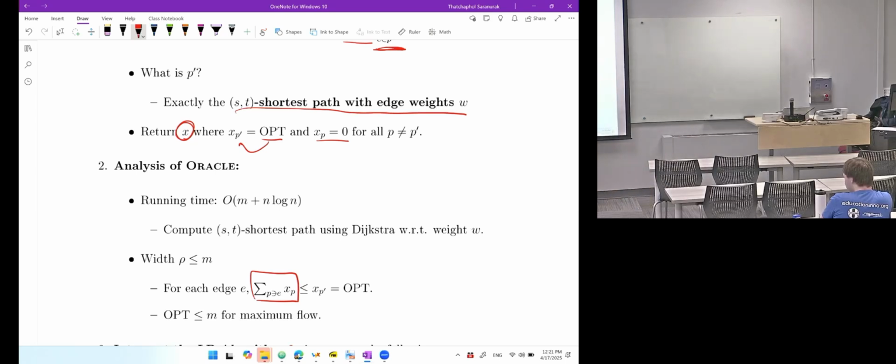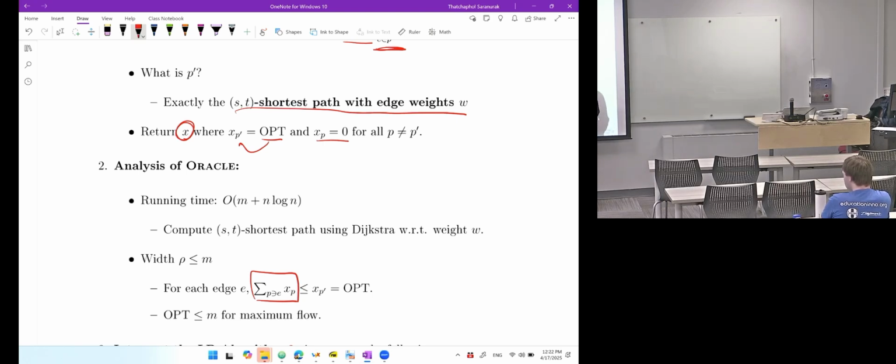This is going to be at most x_p prime, because we really just set one path p prime to be the value of opt. Nothing else is non-zero. So this is at most x_p prime, which is at most opt. So the width is basically at most opt.